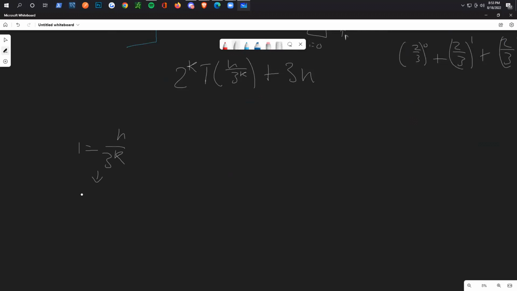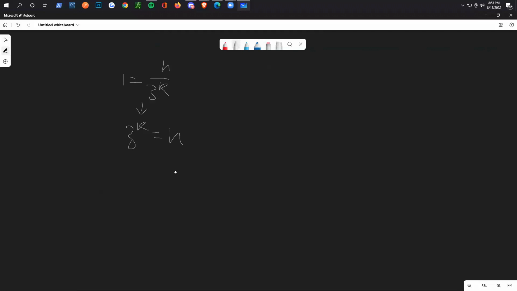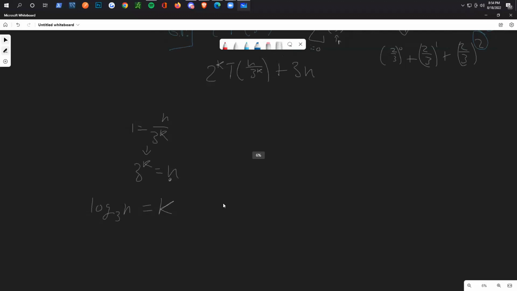N over 3 to the k. So that's going to be 3 to the k equals n. Now, log rules is take log. Whatever the base is, set that down here. Whatever is right here, set that right here. And whatever the exponent is, set that outside. So k equals log base 3 of n. So that's what we have right now.